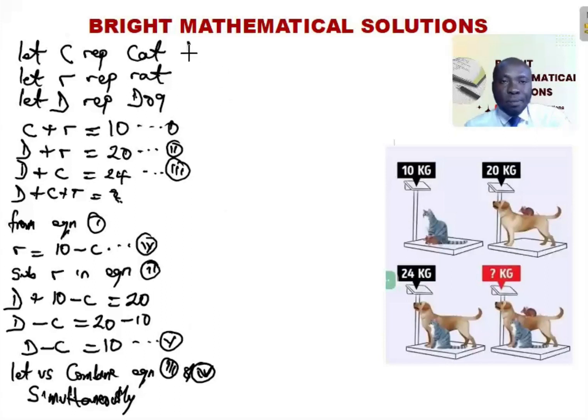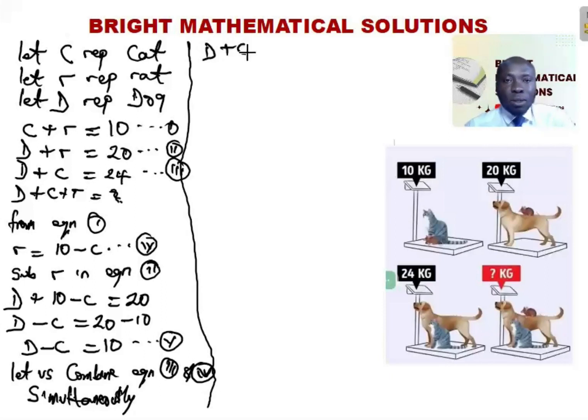So let us write equation 3, that's D plus C equals 24, and D minus C equals 10.